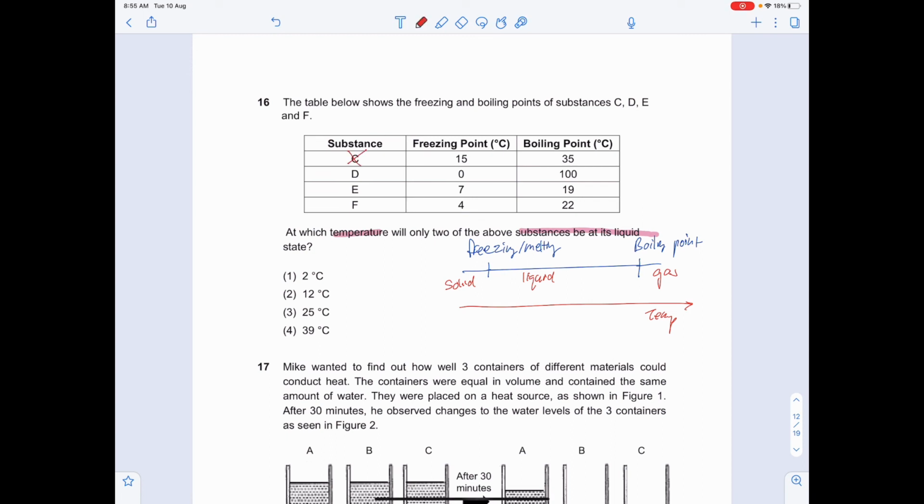Now this one tells me that at 2 degrees, it is above its freezing or melting point. So it will become a liquid, and its boiling point is only 100. So yes, I know that this will become a liquid.